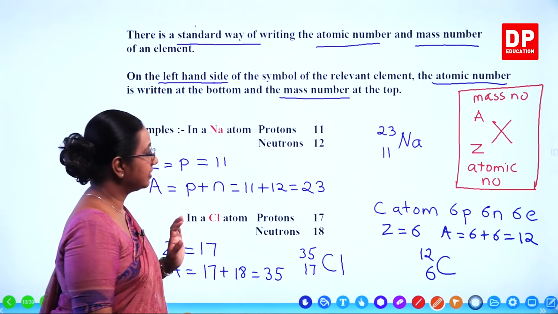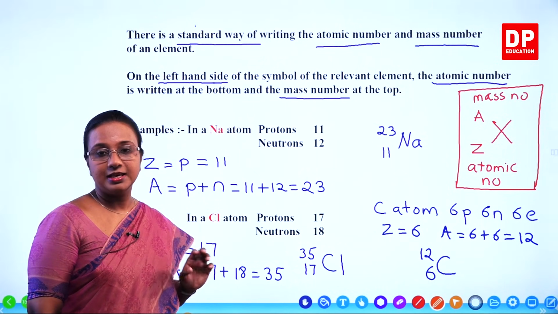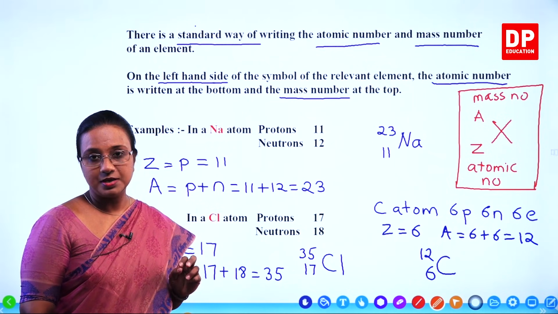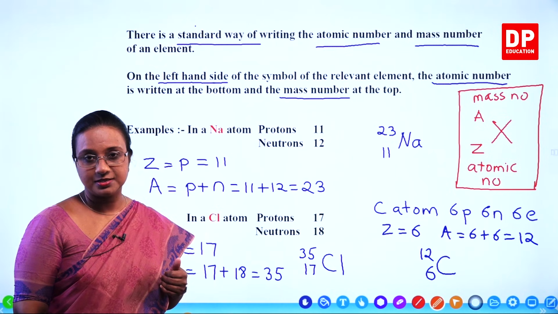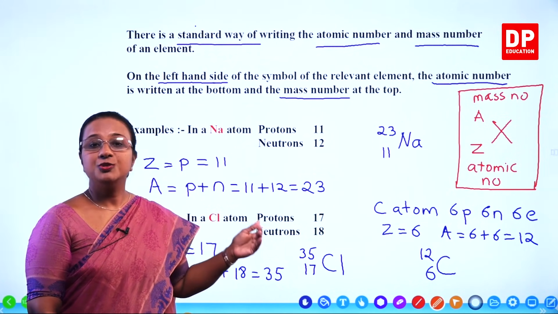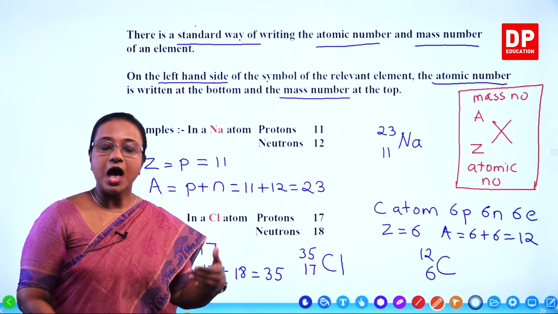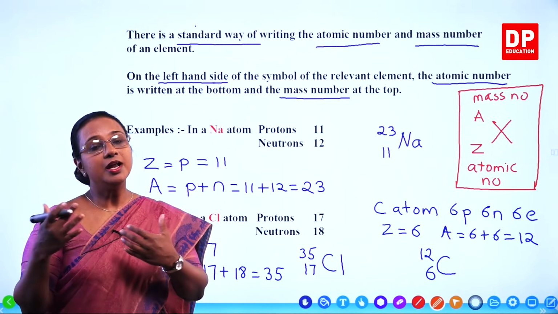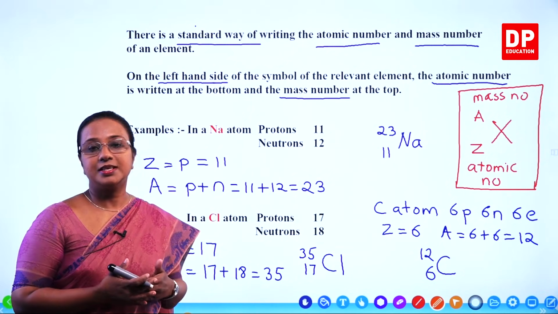So with these examples, you would have a very good understanding about the atomic number and mass numbers of different atoms of different elements. Now, we will use a simulator to see the different properties of atoms of elements, how the subatomic particles combine, and how neutral atoms and charged ions are present in nature.